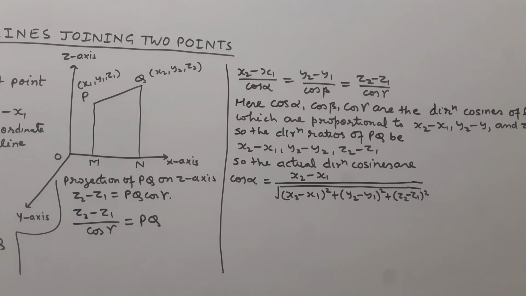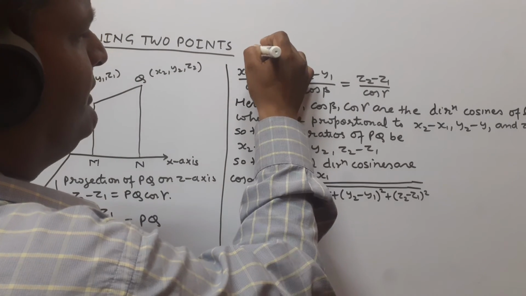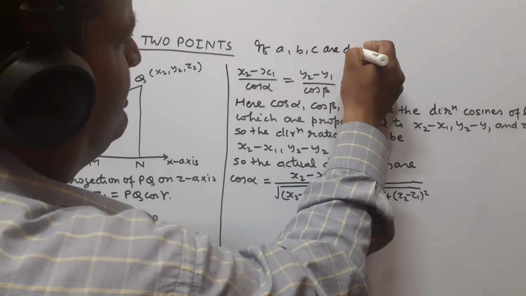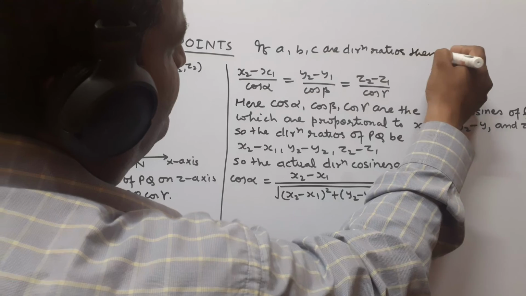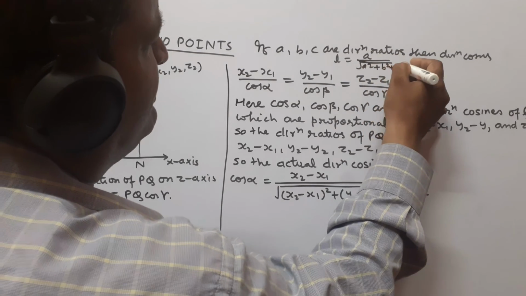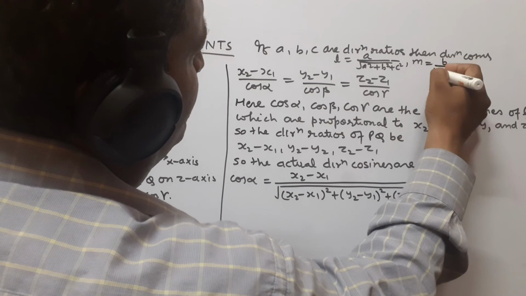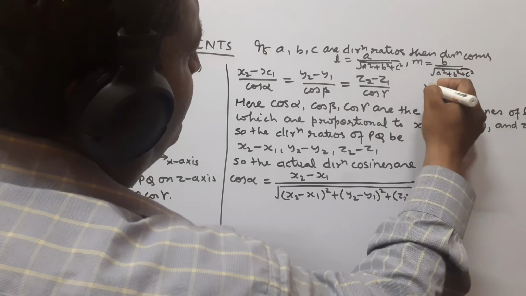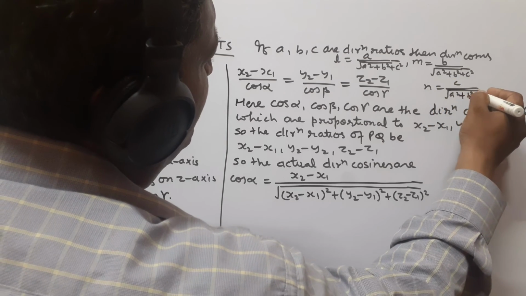Because we know that if a, b, c are the direction ratios of a given line, then the direction cosines are l, m, n, where l is equal to a upon under root a square plus b square plus c square, m is equal to b upon under root a square plus b square plus c square, and n is equal to c upon under root a square plus b square plus c square.